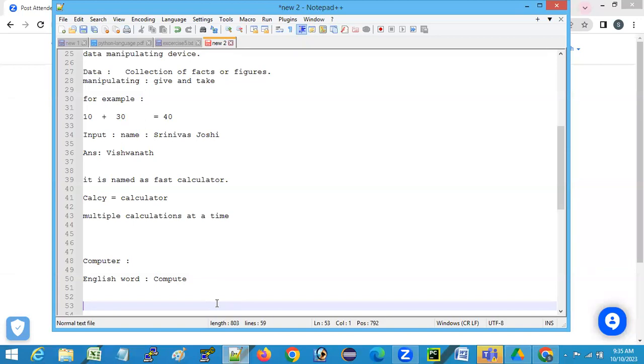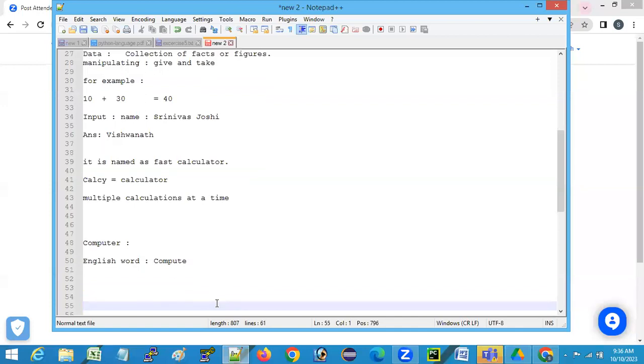Whatever the meanings are, this device will do all those things, like calculation, verification, true or false, right? There are so many meanings. So whatever we require will be done by this device. That's why this device is named a computer. Is it clear, guys?